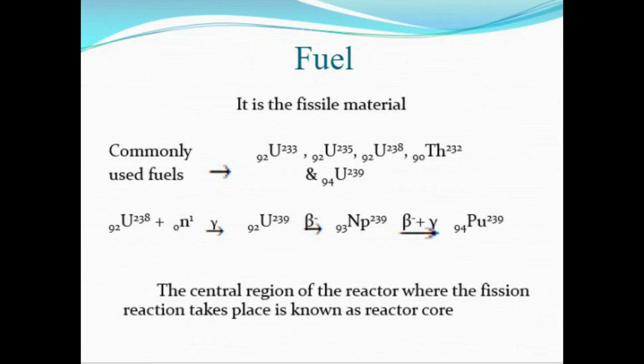It undergoes beta decay to form neptunium-239. It again decays by emitting beta particle and gamma rays to form plutonium-239. The central region of nuclear reactor where the fission reaction takes place is known as reactor core.